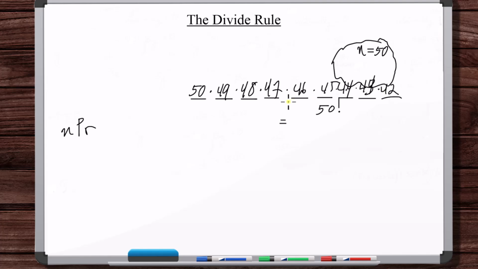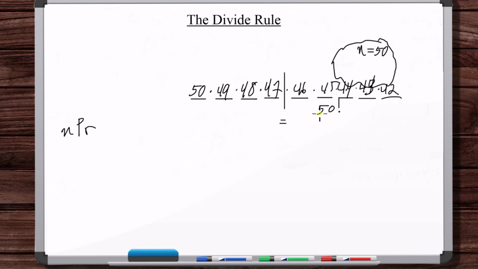Right? Well, we aren't using these last 46 slots. Yes, we're still picking from this group of 50 for the first 4 slots. So we need 50 times 49 times 48 times 47. But we don't need to continue the full 50 factorial, it was just 4 slots. So we don't need to continue with the remaining 46 slots.